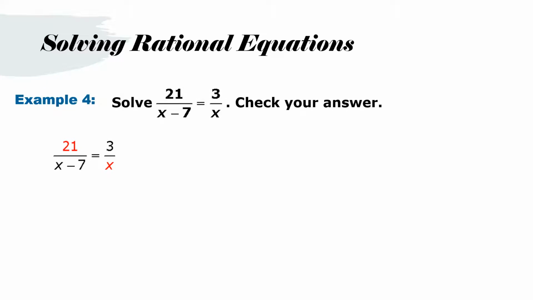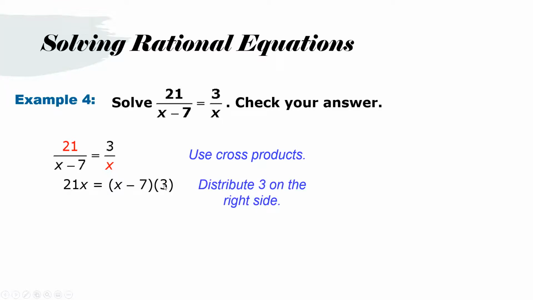Another example, let's have 21 over x minus 7 equals 3 over x. So, cross multiply. Then we have 21 times x, that's 21x. And then x minus 7 times 3. Then distribute 3.